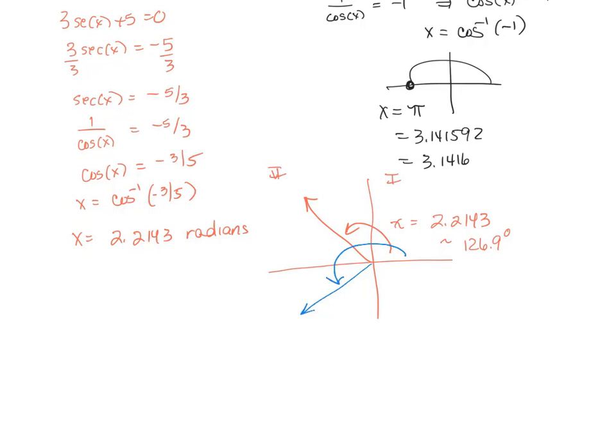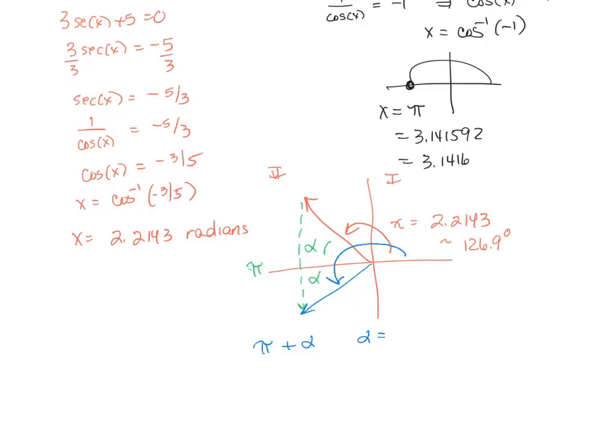It's this angle here. How do we find that? This is pi radians. I'm going to call this alpha. And if we reflect across from quadrant 2 to quadrant 3, this is also alpha. So the second angle for this cosine inverse of negative 3/5 is going to be pi plus alpha. Well, what's alpha?